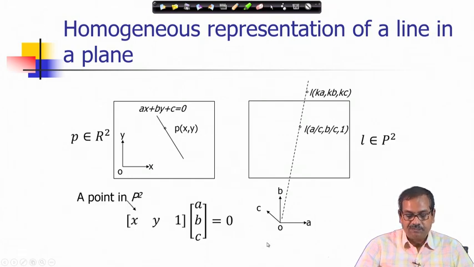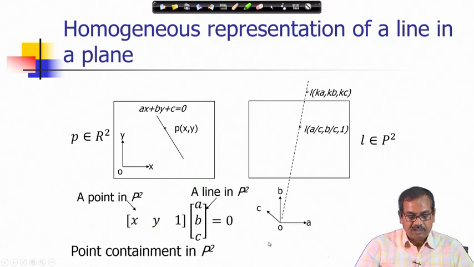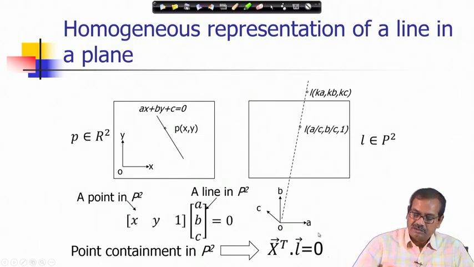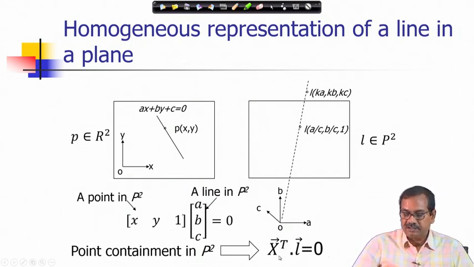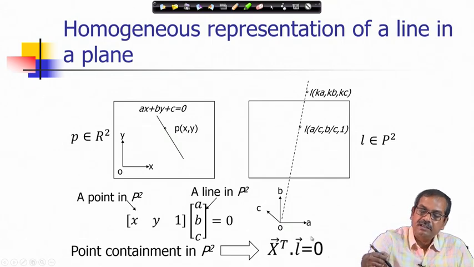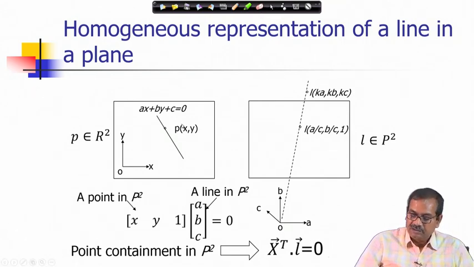In a simple form, I can represent this point containment relationship in this way. It is the transpose of the column vector of the point x, multiplied with the column vector representing the line, and that is equal to 0, which essentially represents the straight line equation.